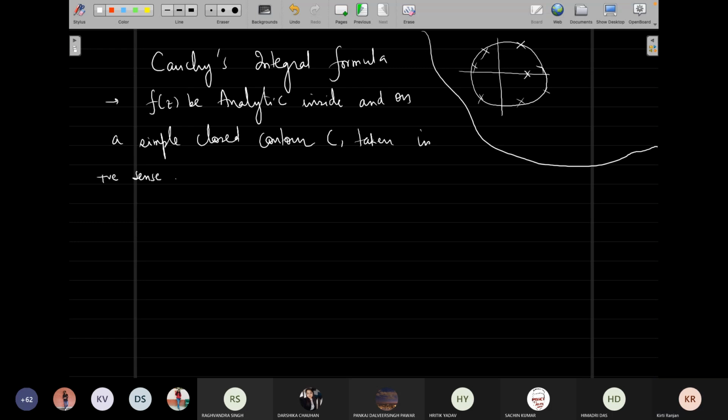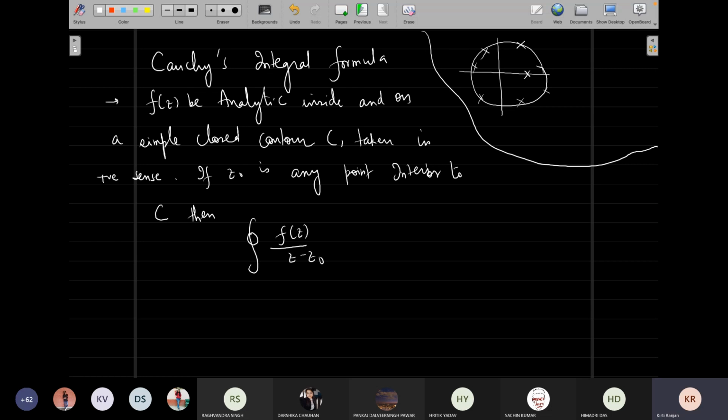So if z naught is any point interior to C, then the integral of f(z) over z minus z naught dz equals 2 pi i f(z naught), where C positively encloses z naught.